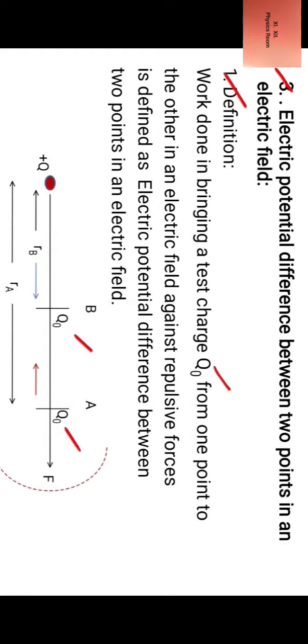It experiences a force F which is directed away from point A and plus Q, and this test charge Q0 is brought to point B against a repulsive force, and whatever is the work done, that work done is called as electric potential difference between point A and B.